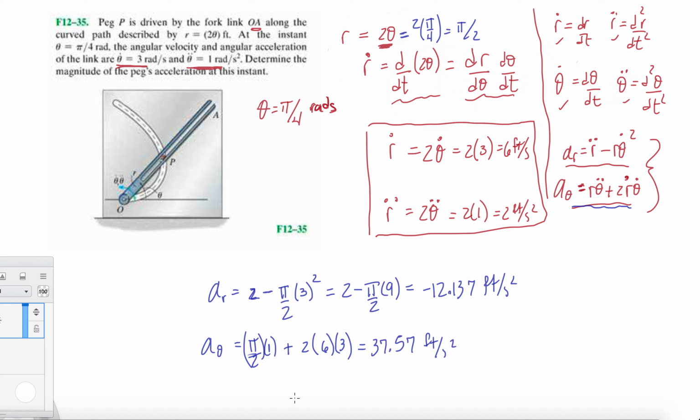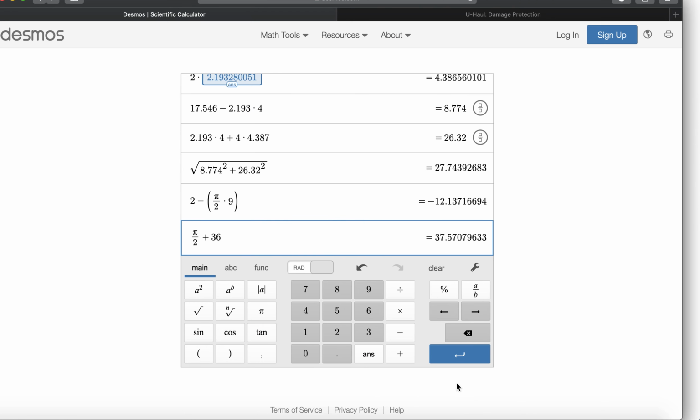And to finalize it, to get the magnitude of the peg's acceleration at this instant in time, we take the square root of 12.137 squared plus 37.57 squared. I wonder if I did this here.